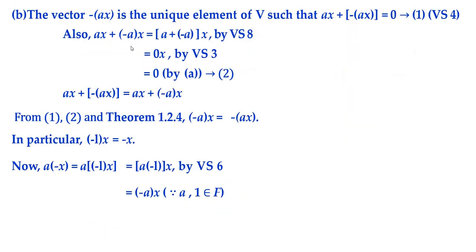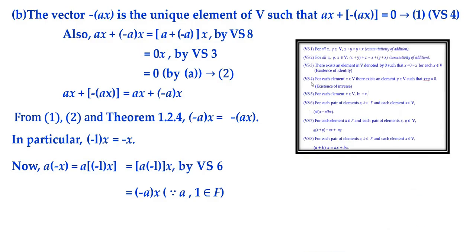Next, the vector -ax is the unique element of V such that ax plus -ax is 0. So that is by VS4. Now you consider ax plus (-a)x by VS8. This is rewritten as (a plus -a) into x. a plus -a is scalar 0.